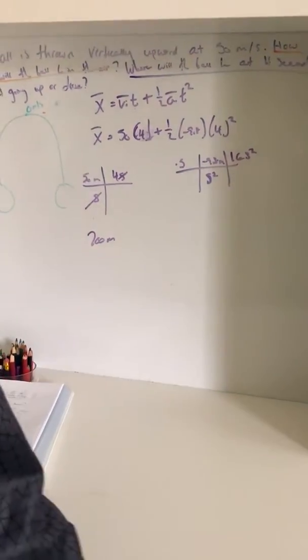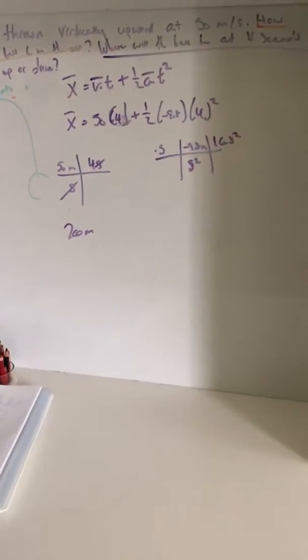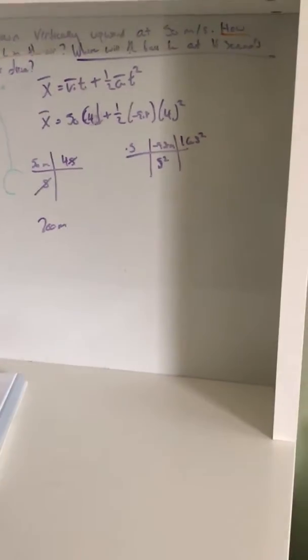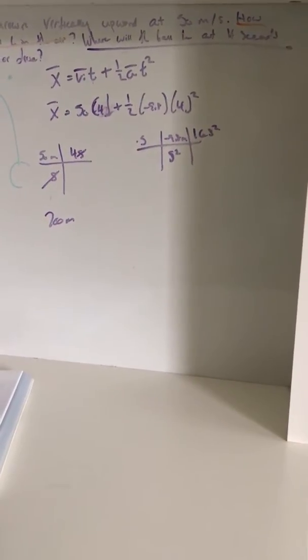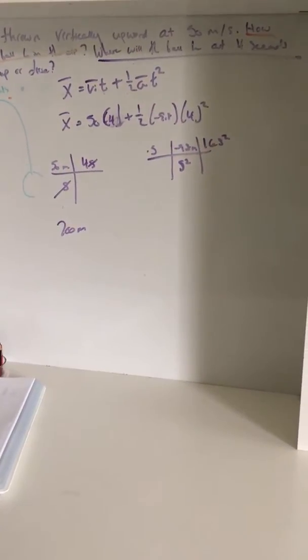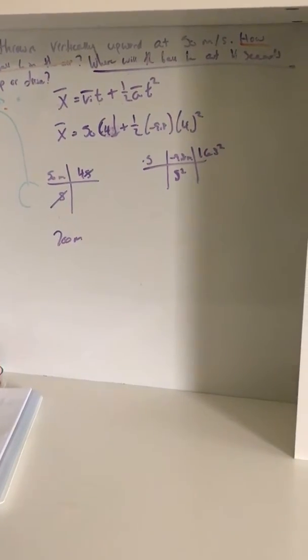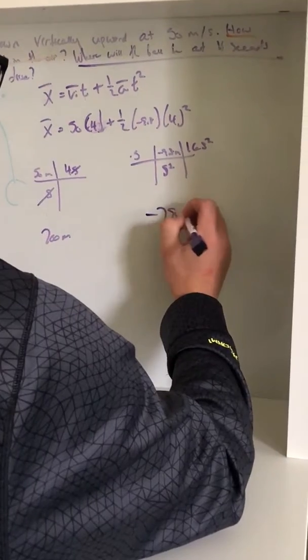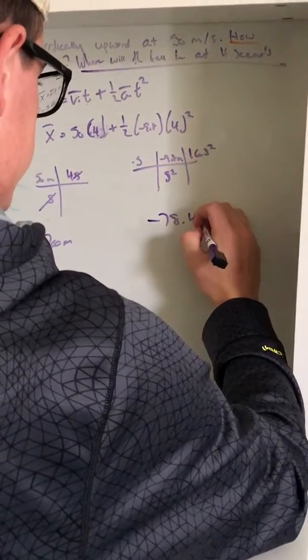So multiply those out, 0.5 times negative 9.8 multiplied by 16, and we are going to get negative 78.4 meters.